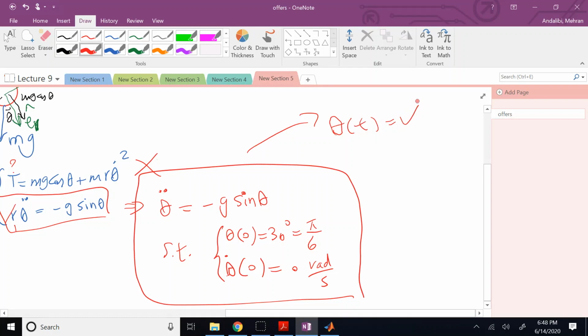And then when I need to find theta dot at some point, then I have to say, okay, now this theta is equal to 0. I find the time it takes for it to come from 30 degrees to 0 degrees. Find the time, plug it into the theta dot that I can find from this theta by taking a time derivative, just like the previous example.